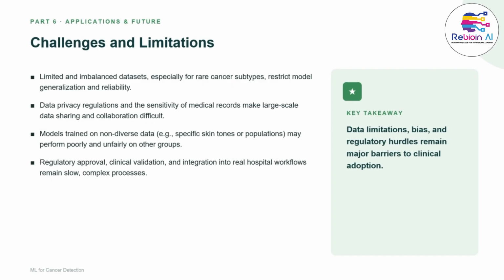Third, bias. If a model is trained mostly on data from one demographic, it can perform significantly worse on patients outside that group. That is a serious fairness and safety concern in a field as high stakes as cancer diagnosis.